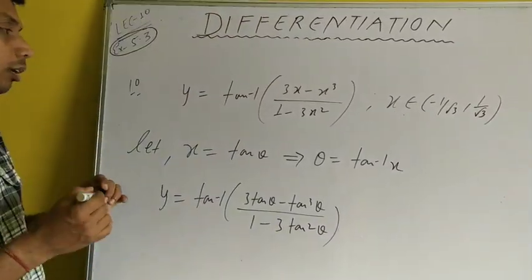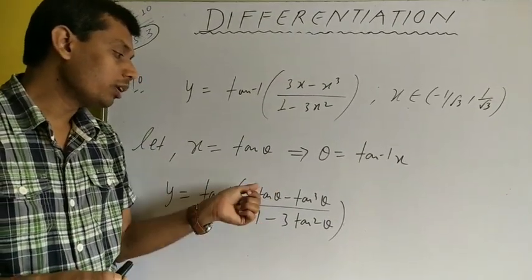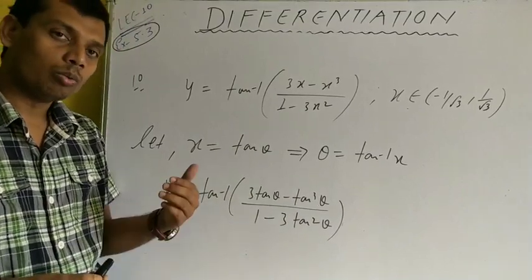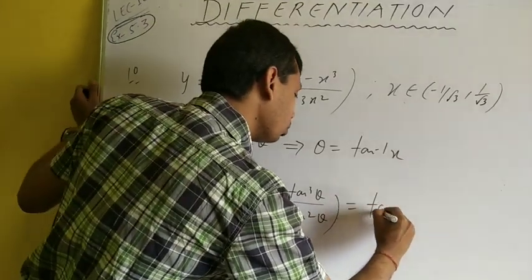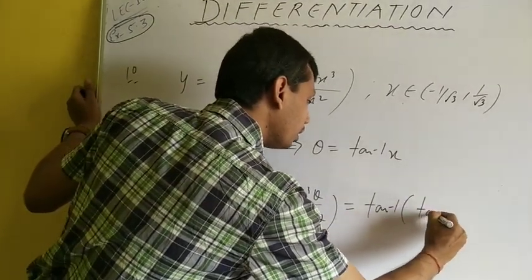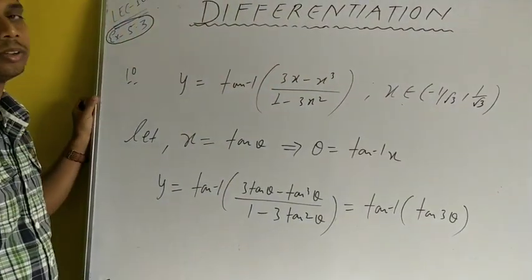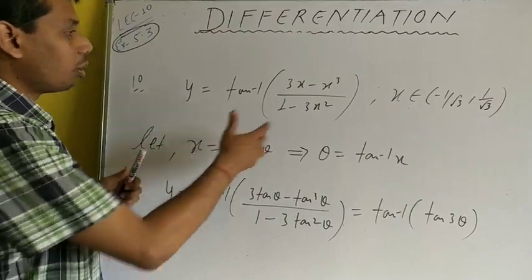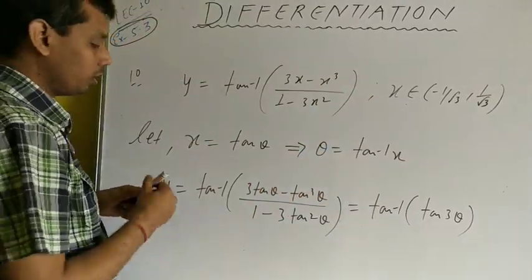If this x is replaced by tan theta, it comes in the form of 3 tan a minus tan cube a over 1 minus thrice of tan square a, which is the formula of tan 3a. So this is equal to tan inverse tan 3 theta. Okay, now see, this complicated part is reduced to the simplest form.